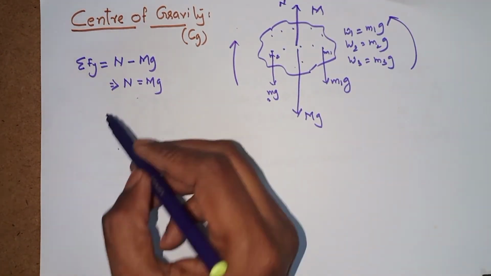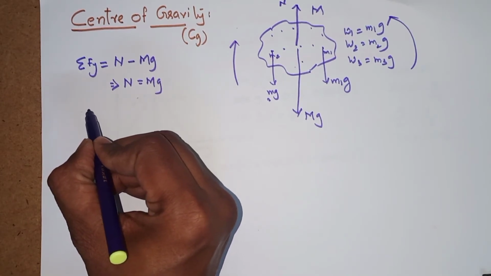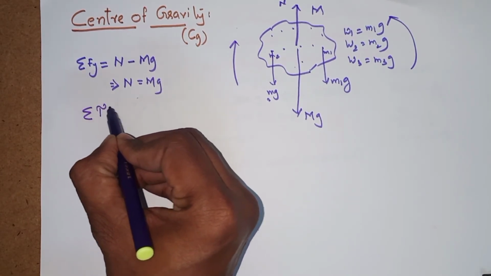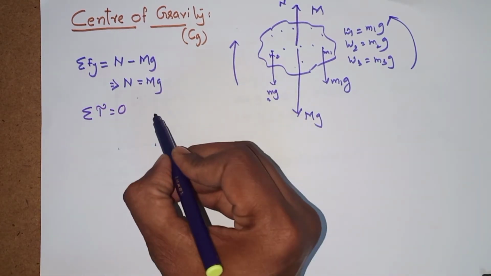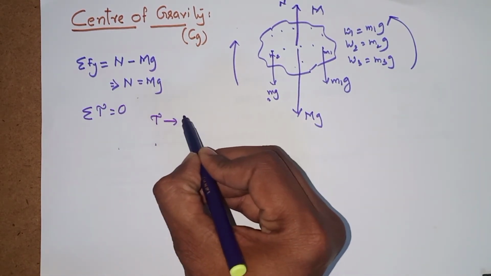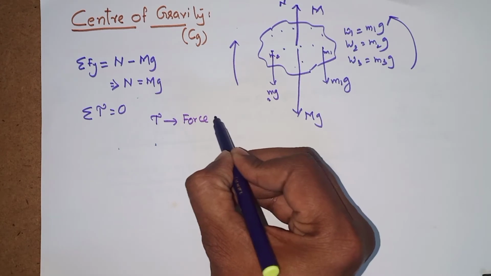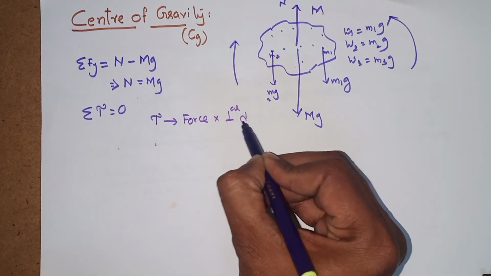Now for that, we need to understand that the equilibrium concept says net torque must also be zero. What is the torque actually? Torque is simply force into perpendicular distance.